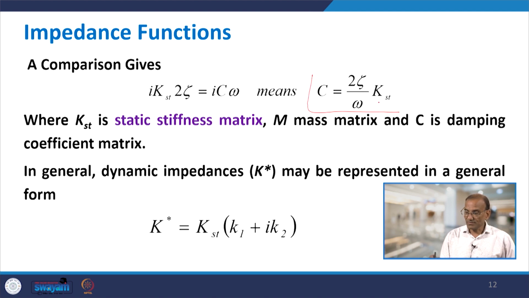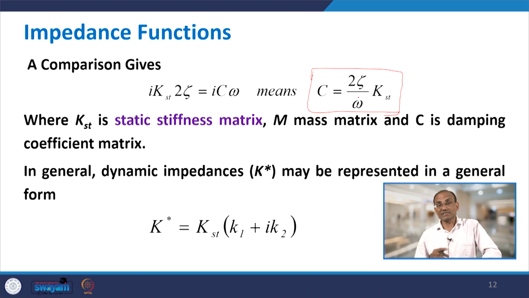That means the damping coefficient in this case depends on the damping ratio and static stiffness. It will depend not only on the damping ratio, but also on the static stiffness as well as omega, where omega is the frequency of excitation. So, the value of C will keep changing with the frequency, because omega is coming in this equation.